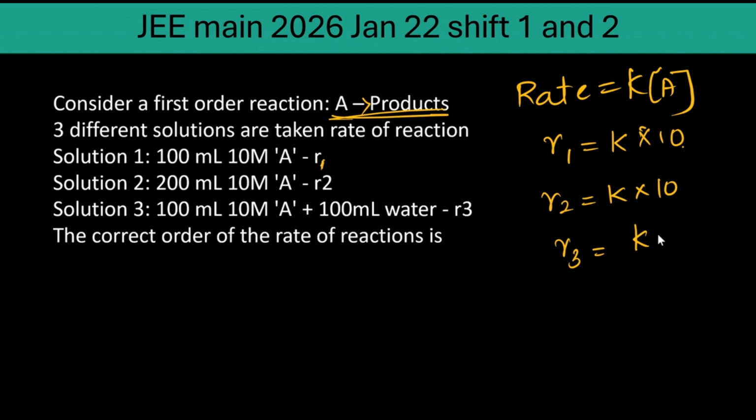R3 is K into 5 molar of A and 100 ml water. So the volumes are the same, so it is half of that, which becomes 5 molar. So the new concentration will become 5 molar now. So comparing the rates, R1 is equal to R2, and these are all greater than R3.